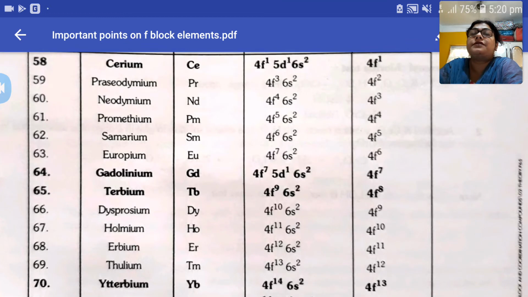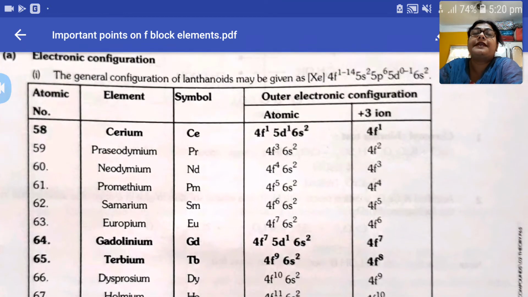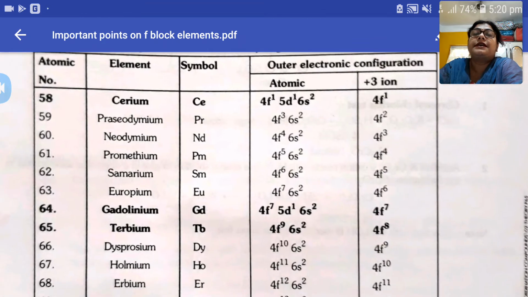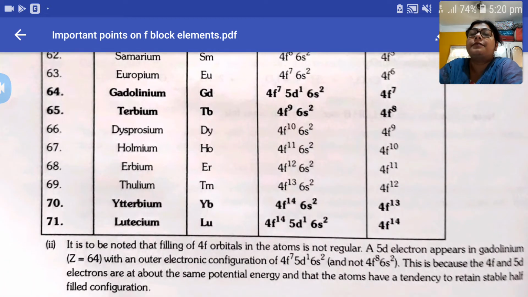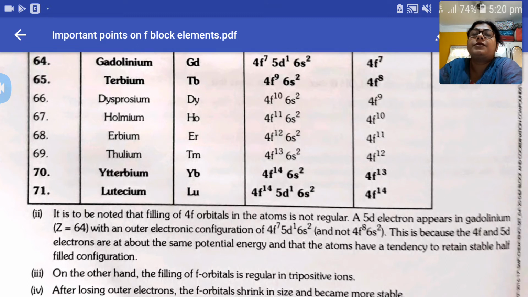Of these, gadolinium has 4f7 electrons, which is highly stable. Another one is lutetium, which has 4f14, which means the f orbital is completely filled. It is to be noted that the filling of 4f orbitals in the atoms is not regular.